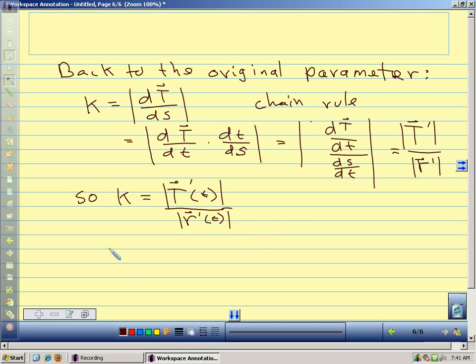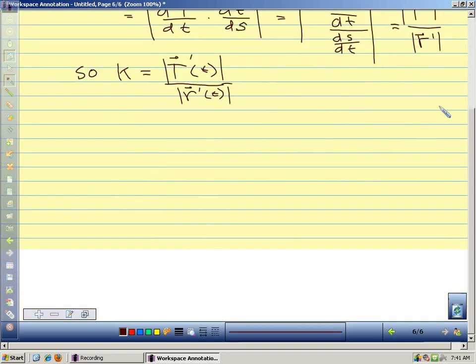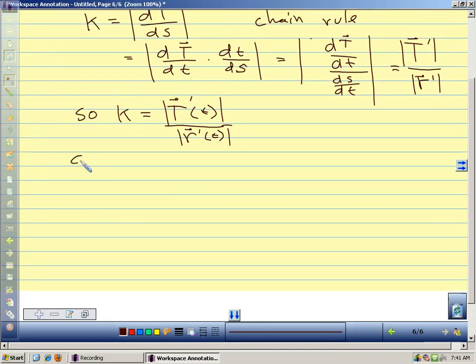Yesterday we said that a sub n, and I mentioned that the curvature had to do with our normal component of acceleration, a sub n equals the magnitude of the velocity times the magnitude of T prime. And we said that was the magnitude of v cross a over the magnitude of v. So this is one of the formulas we came up with yesterday.